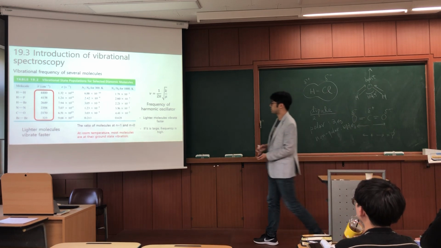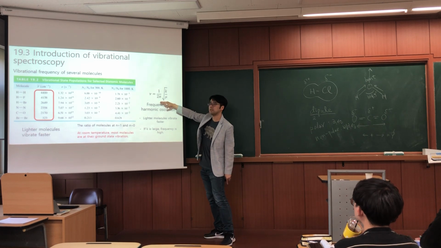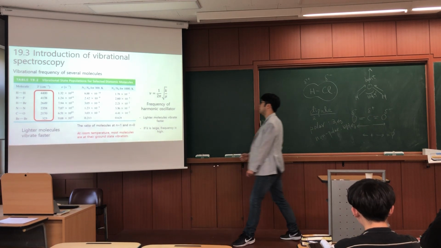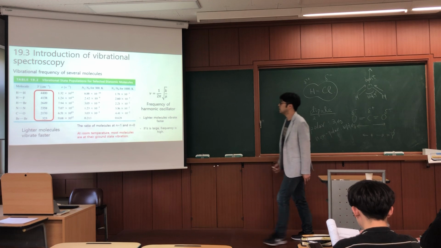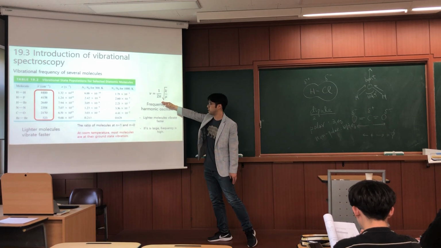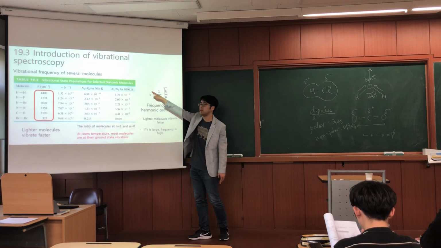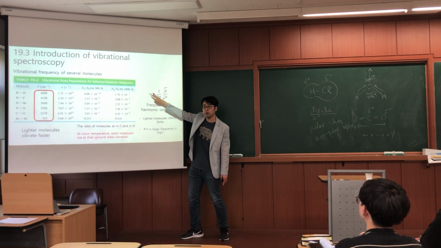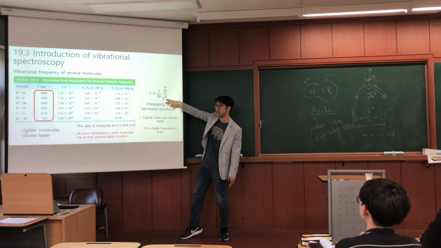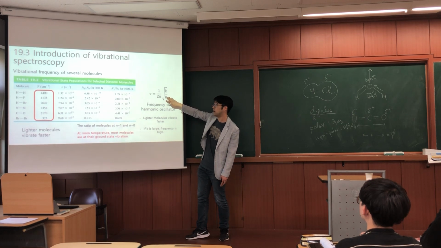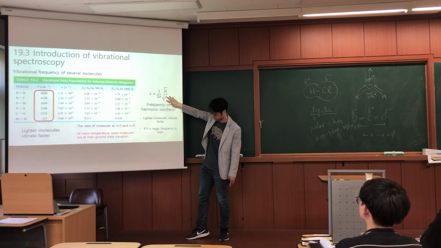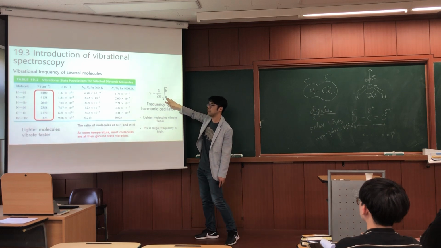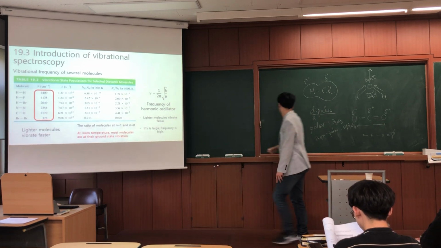So when a molecule vibrates, the frequency of a harmonic oscillator is written like this, where nu is the frequency, mu is the reduced mass, and k is the force constant.